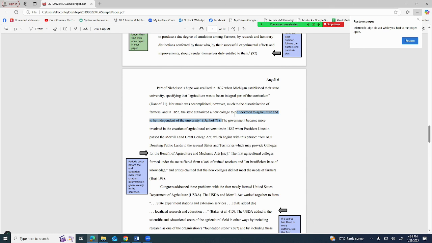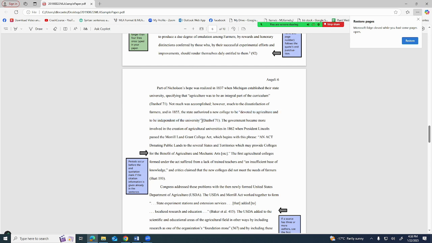It's a quotation that's been added into a sentence that has been written by the student. When you grab a quotation, so that's the direct use of someone else's words, then you need to put quotation marks around it.